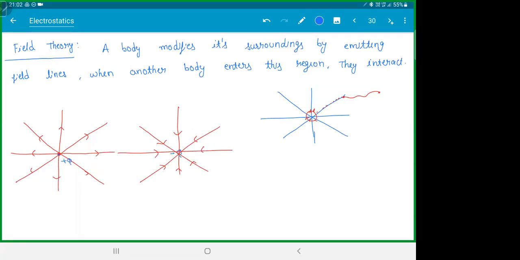Then, properties of field lines. What are the properties of these field lines exactly? A little bit of theory. First, the field lines diverge from the positive charge.